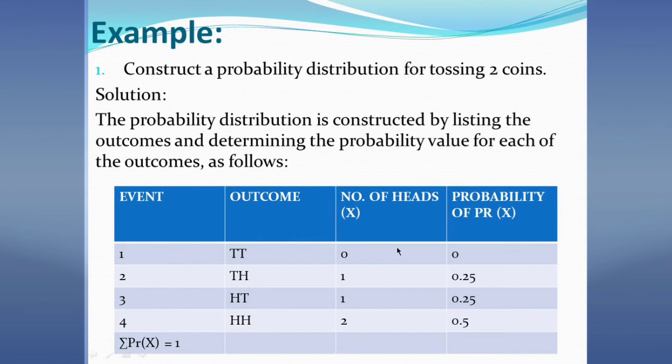Then 0 divided by 4, the answer is 0. 1 divided by 4, the answer is 0.25 or simply 1/4. Next, for the other 1, same 0.25. And for 2 divided by 4, the answer is 0.5 or 1/2.